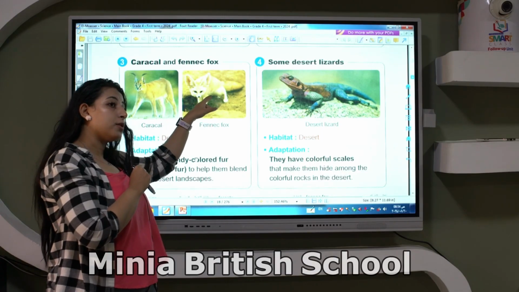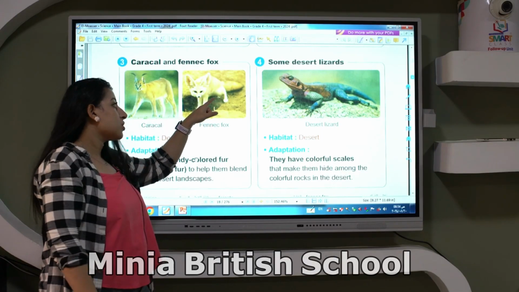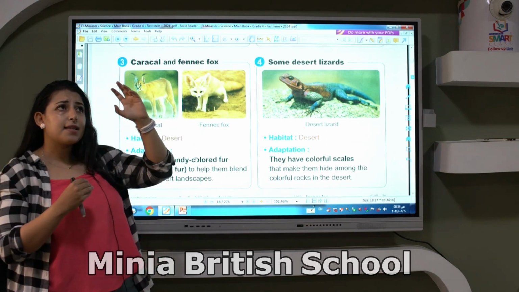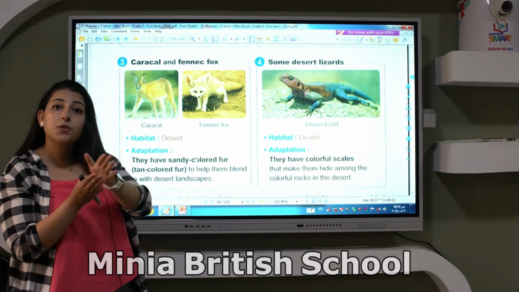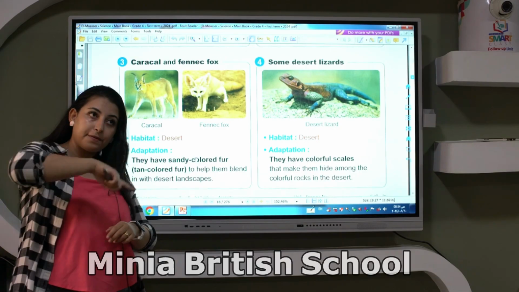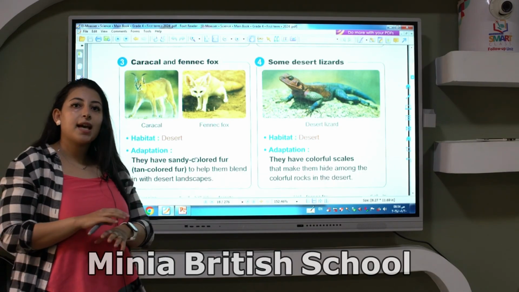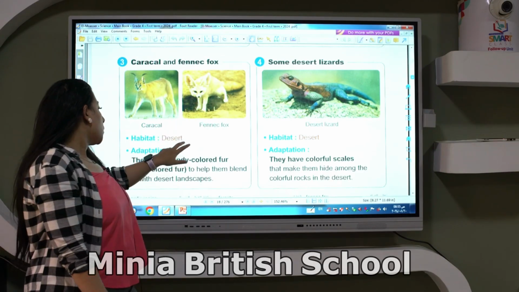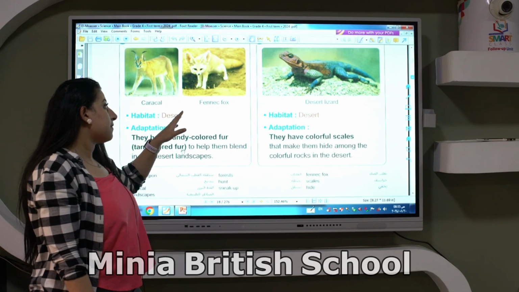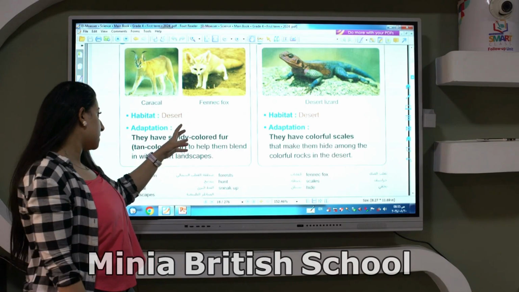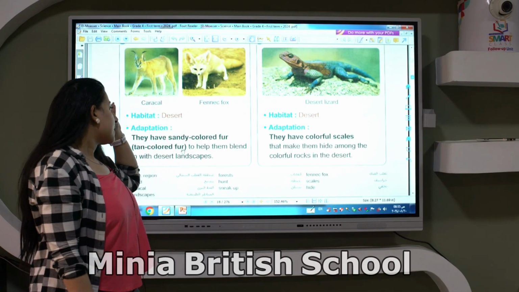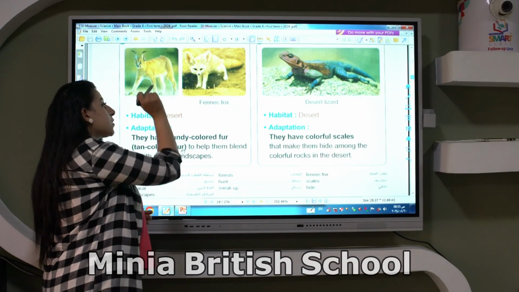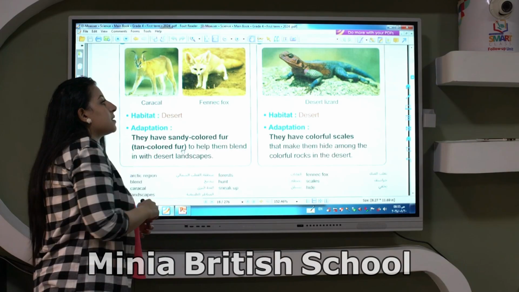Also its fur, we'll learn in detail in the next sessions, can reflect the sun rays that fall on its body, so they can't penetrate its body. So why can the fennec fox adapt in the desert? It has sandy colored or tan colored fur to help it blend with the desert.